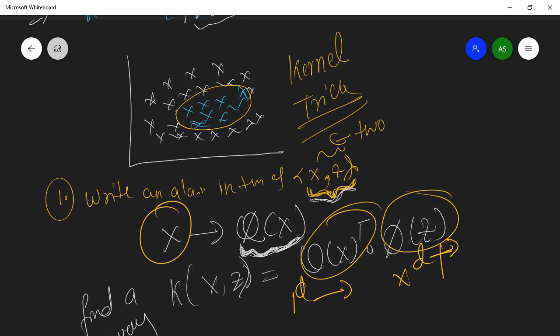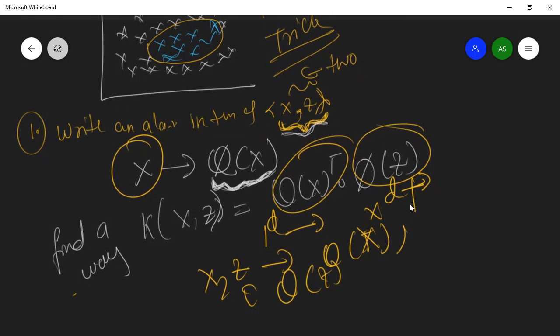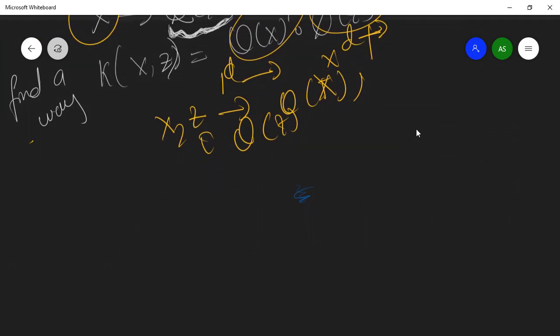Let's see what it does with the help of an example. Then we replace our x and z with our transformed data, phi of x and phi of z. So this is what we do.